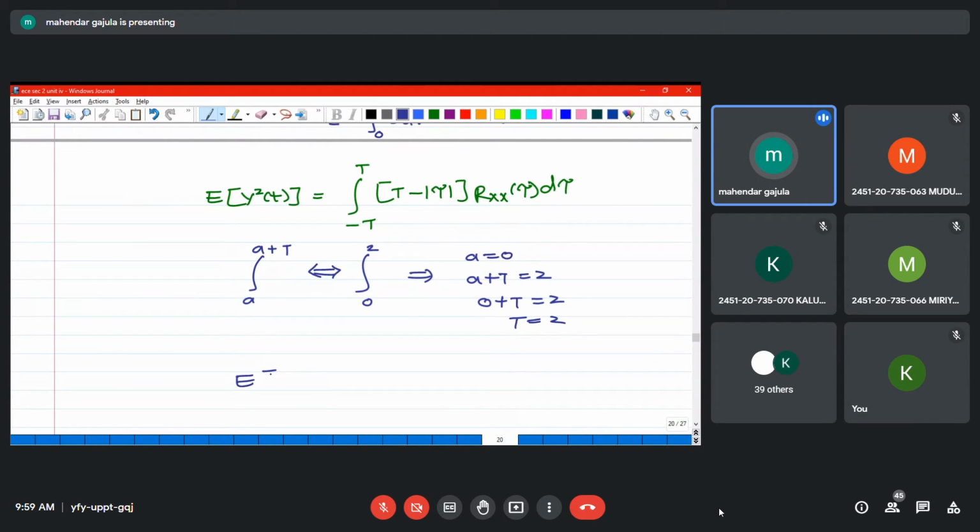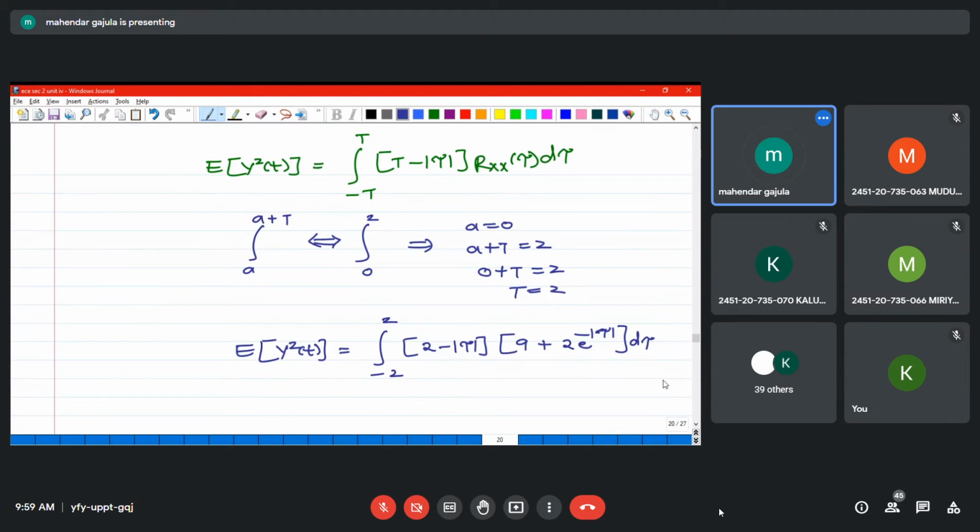Let us find the mean square value. Expectation of y square t is equal to the integration from minus 2 to plus 2 of (2 minus mod tau) times r double x tau, which is given as 9 plus 2 times e power minus mod tau d tau.